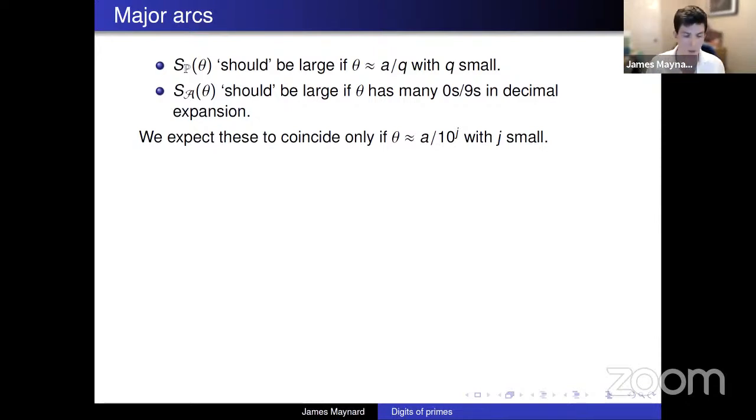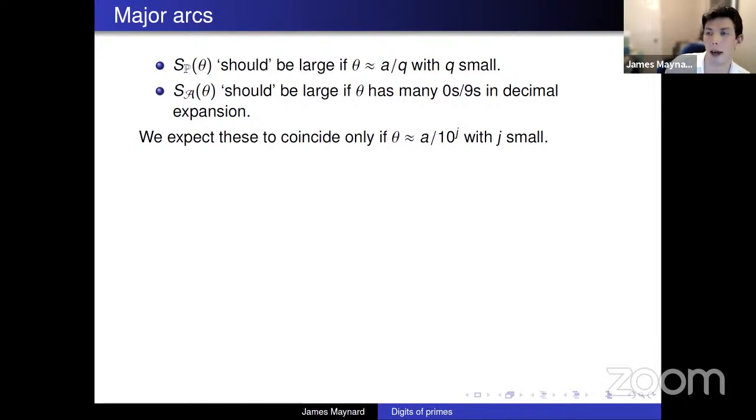And because the Fourier transform just completely re-encodes the objects, it's natural that the Fourier transform of the primes should be large at points theta with some sort of arithmetical significance, and the Fourier transform of the set of numbers with these digital restrictions should be large at points theta with some sort of digital properties.